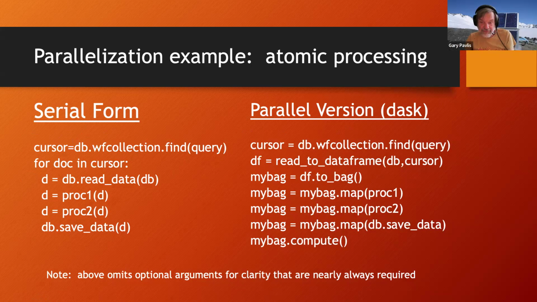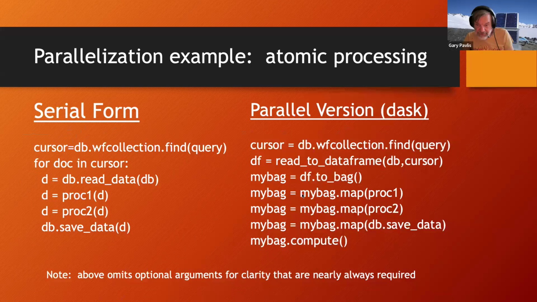Then you run this method df2bag in Dask, which converts it to what's called a bag. We do processing for MsPASS in a bag, which is a list that doesn't fit in memory, is the best way to think of it.